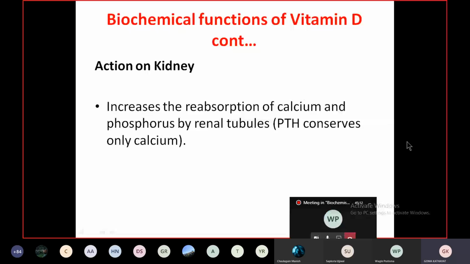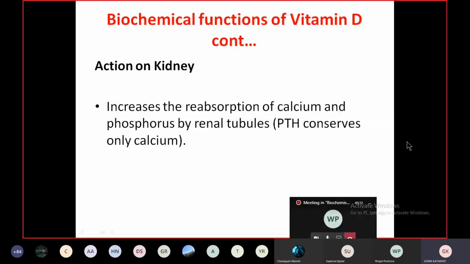It is synthesized in the skin, then its active form is formed in the target organ where it exerts its action. We have already discussed how calcitriol has a mechanism of action similar to the steroid hormone.